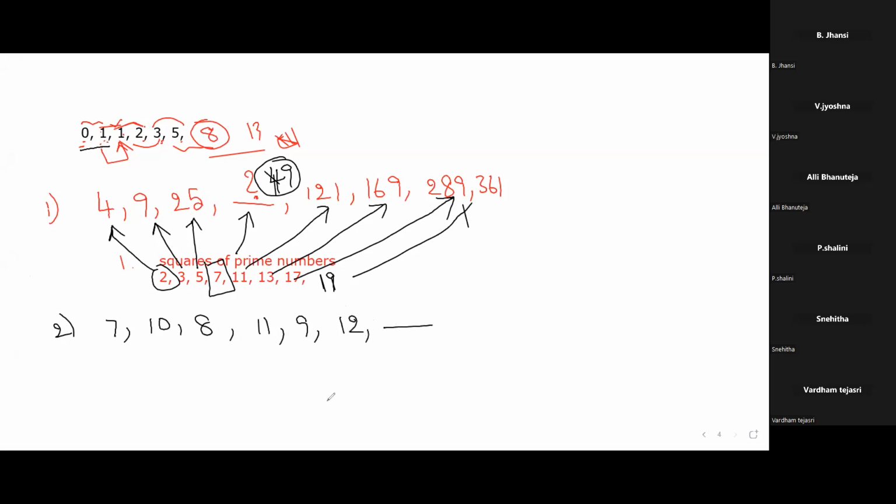Then what will be the next number? Yeah, why 10? Again, your answer is correct, but just don't focus on only the answer. You have to give me the reason.